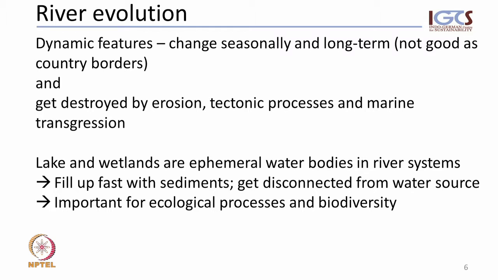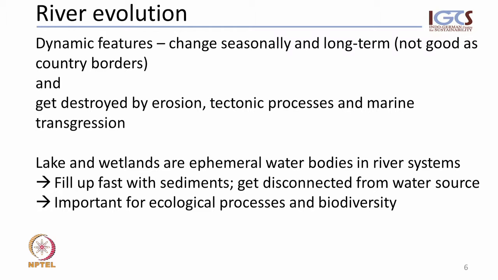As one of the very highly dynamic features of river systems, we need to mention lakes and wetlands, and they are highly ephemeral water bodies, which means they fill up fast with sediments and/or get disconnected from the source of water, and for that reason disappear from our landscape again.